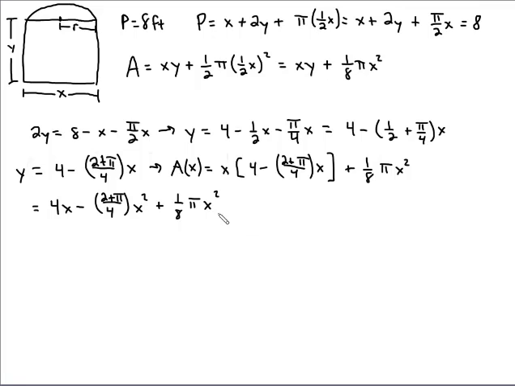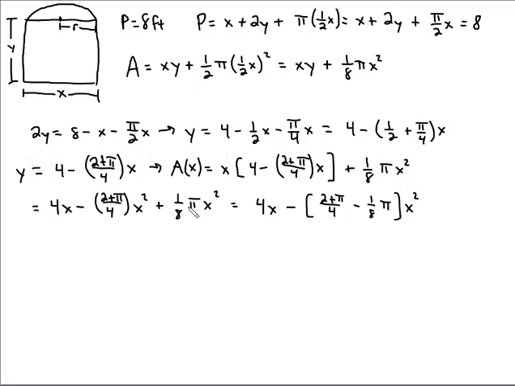Okay, so now we've got like terms again. These are both x squared terms, so let's simplify this a little bit more before we take the derivative. So we get 4x minus, we'll have the 2 plus pi over 4, and this will now become minus 1/8 pi x squared.